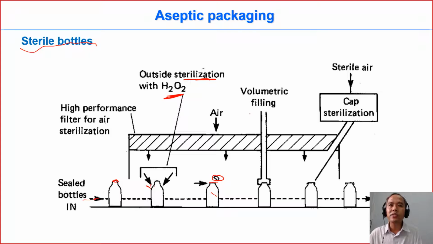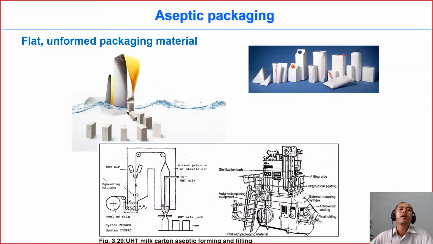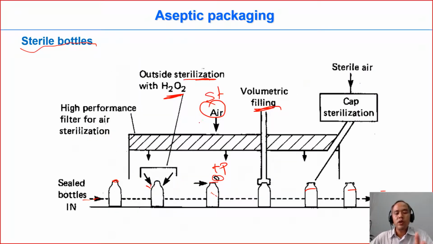So now you can just do filling, capping, and so on. Here you see we need air to make high pressure inside. This air should be sterile. And those are the two processes showing that we start from already formed bottles.